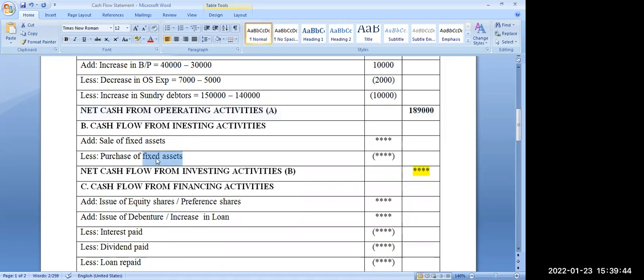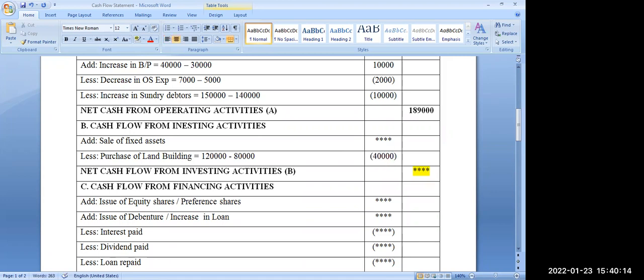There is no other information given about land and building. It was previously only 80,000, so there is an increase of land and building worth rupees 40,000.